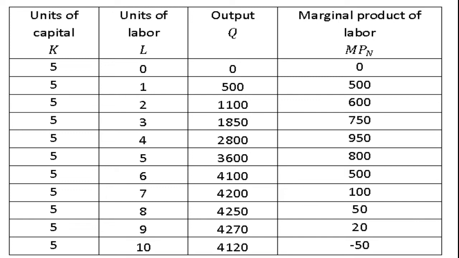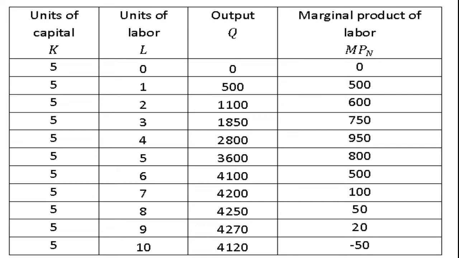Marginal product of labor here equals change in quantity over change in labor. In the first one, marginal product of labor equals 0. At the second one, marginal product of labor equals the change in quantity, 500 minus 0, over the change in labor, 1 minus 0. 500 over 1 equals 500.